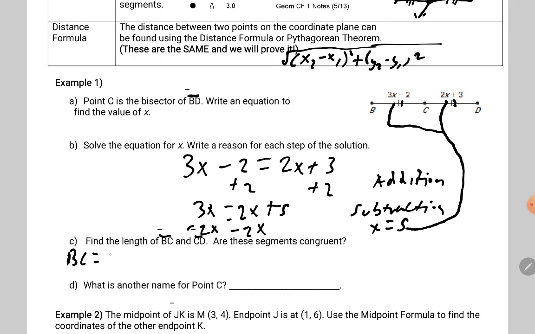So 3x, so 3 times 5 minus 2. So that's 15 minus 2, which is 13. And then over here, for CD, we have 2 times 5 plus 3. That is indeed 13. What is another name for point C? That is the midpoint.